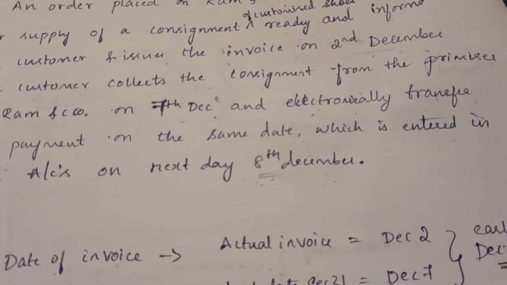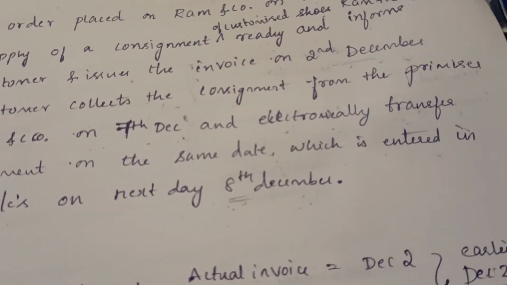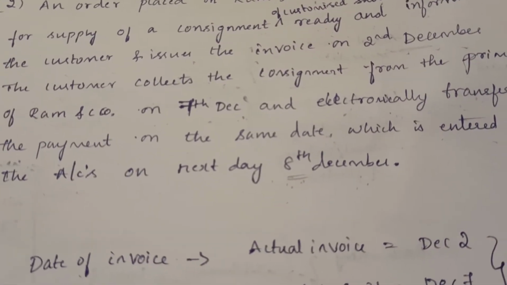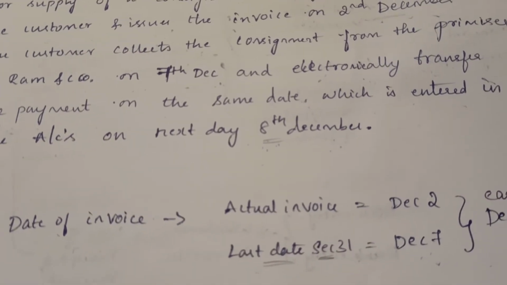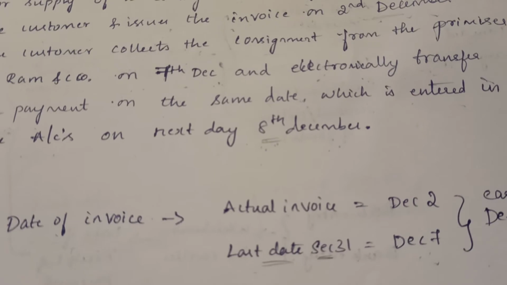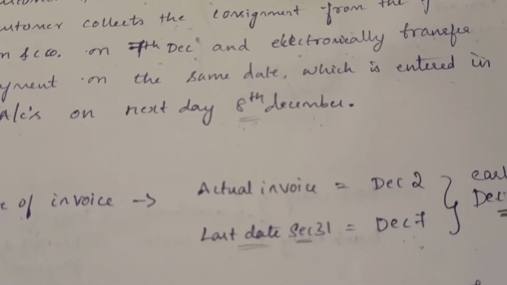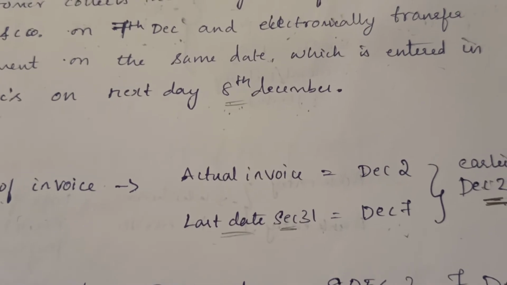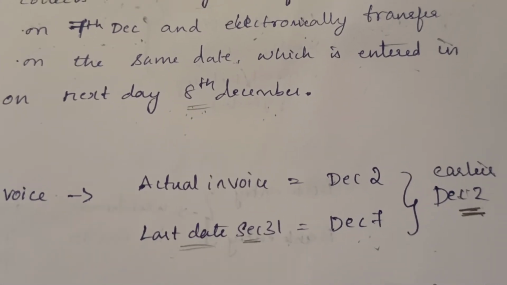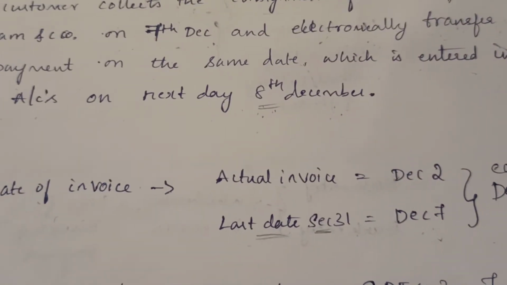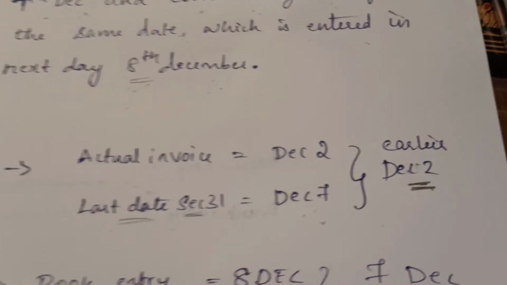The actual invoice date is clearly mentioned: the invoice is issued on 2nd December. The last date under Section 31 is when the customer collects the consignment from the premises of Raman Company, on 7th December. So the date of invoice is the earlier date between these 2 days, December 2 and December 7, which is earlier? December 2. So the date of invoice issued will be December 2.